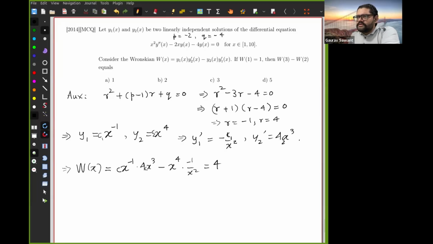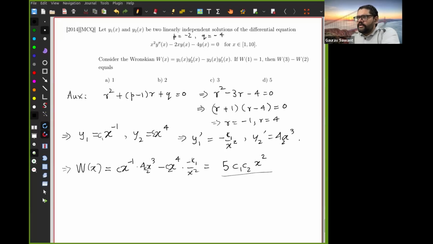So C1, C2, here C2, C1. So this effectively becomes 5 C1 C2 x square. Okay. This is fine now. I have just introduced some constants because I have to evaluate the Wronskian accordingly.